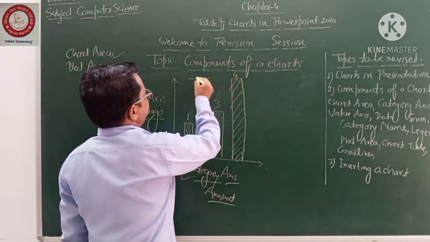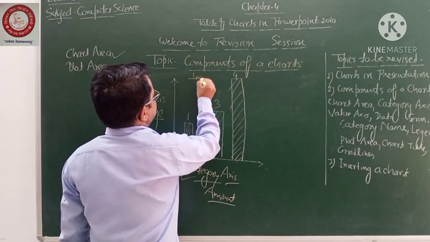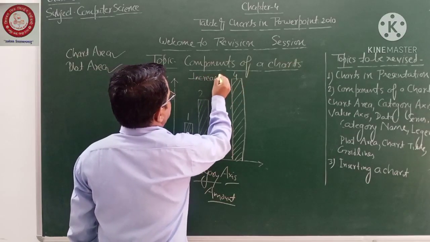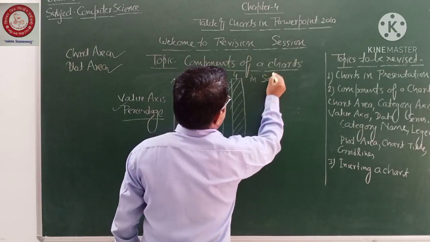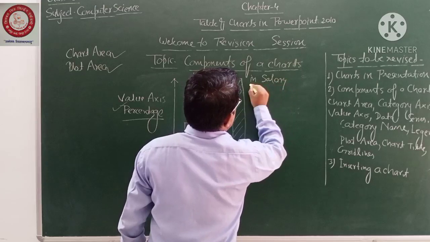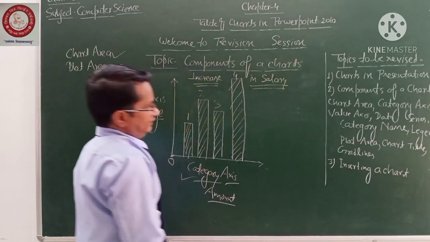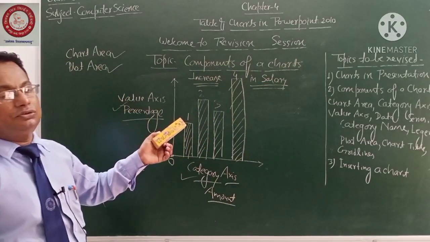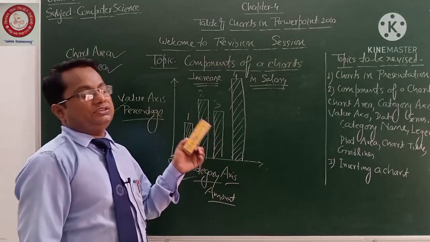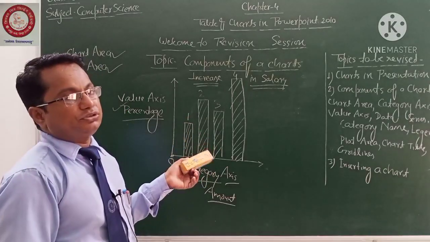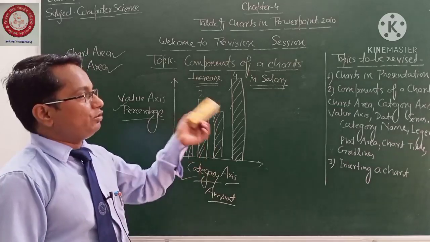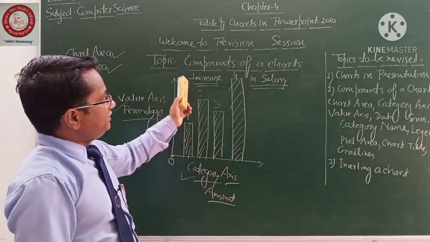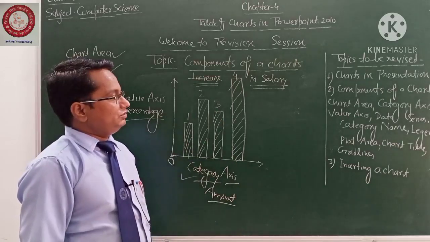Like I can give the title increase in salary. Suppose I have given this title here. You can change the font style and the font size by using the features and functions of the computer, in the PowerPoint presentation, but you can give the chart title here.